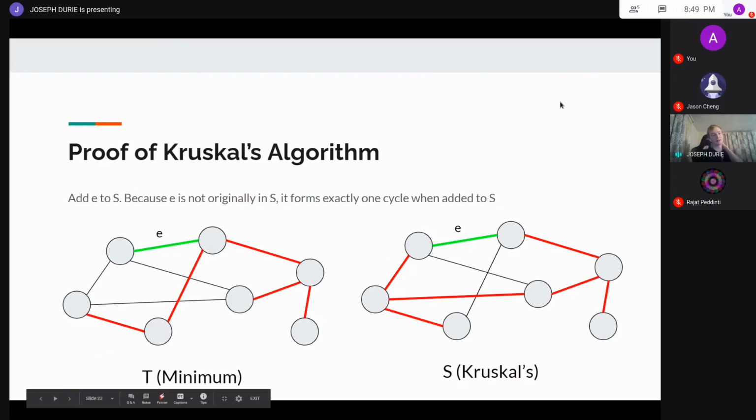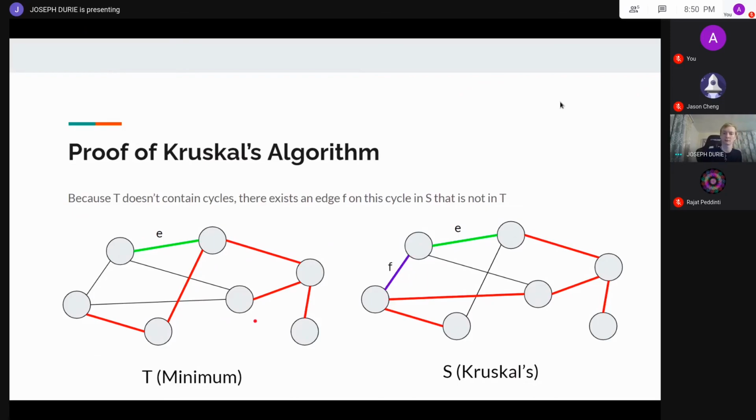But again, your basic idea is you want to swap out the edges until you turn your optimal into your greedy solution and show that that never makes it get worse. Any questions on this?